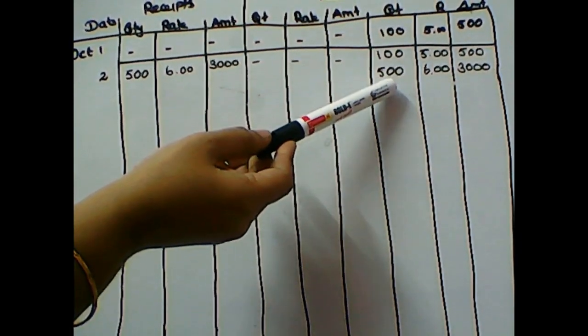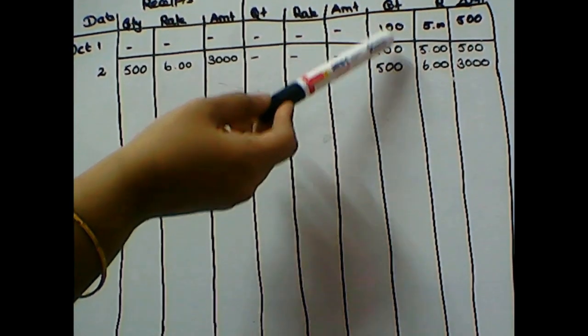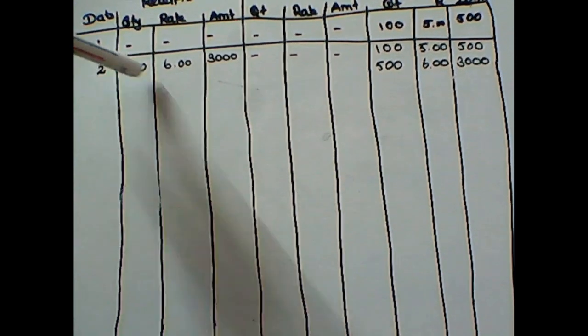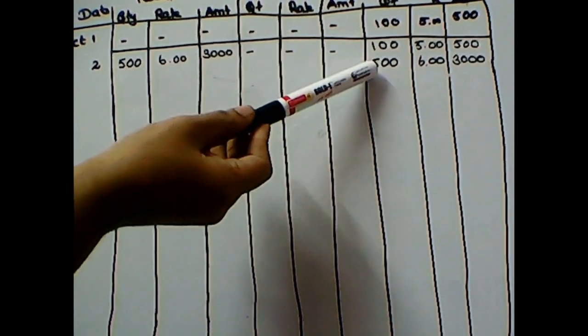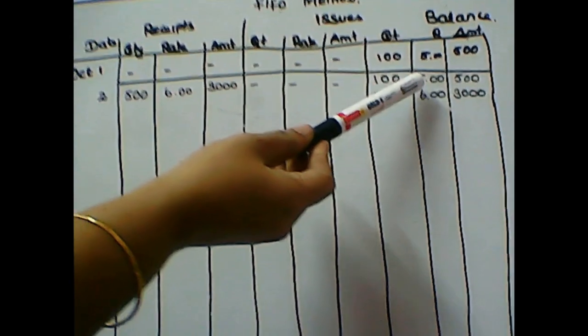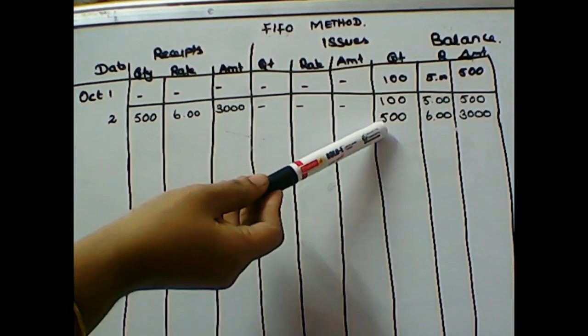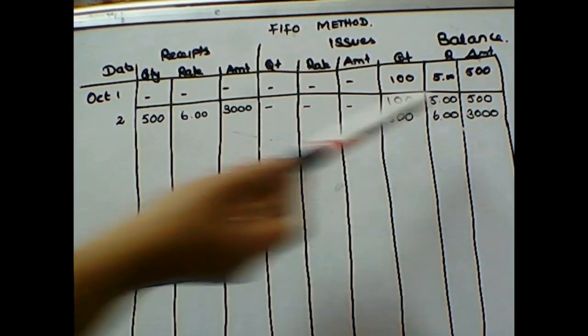Finally, in the balance column, we bring the opening balance down, and also take those 500 units from the receipt column. On October 2nd we are having 600 units, but the rate may differ: for 100 units it is rupees 5, and for 500 units it is rupees 6.